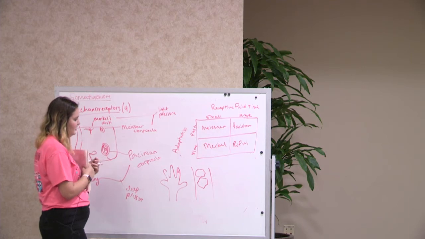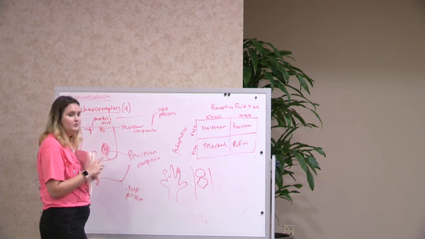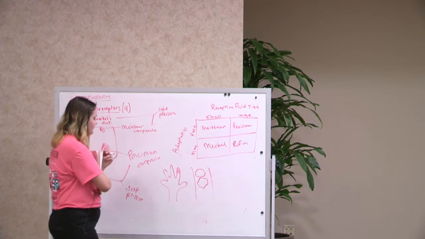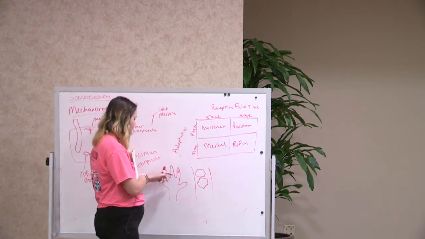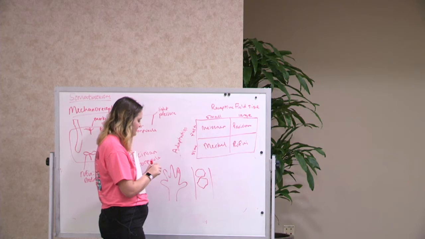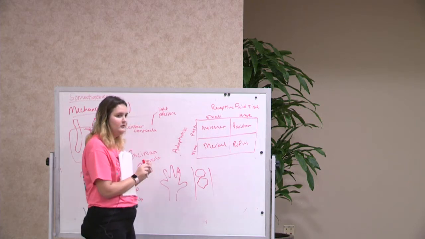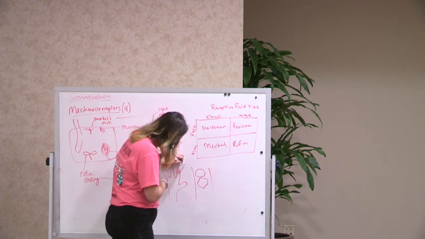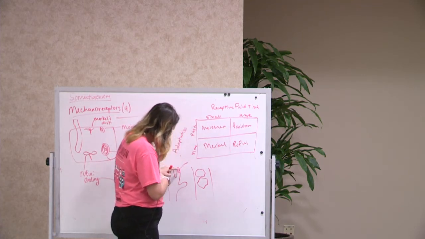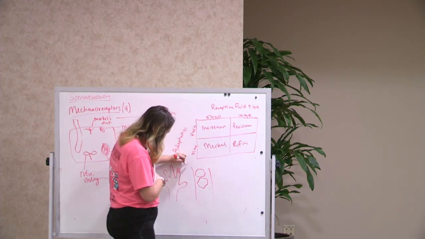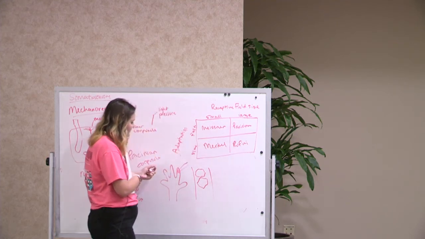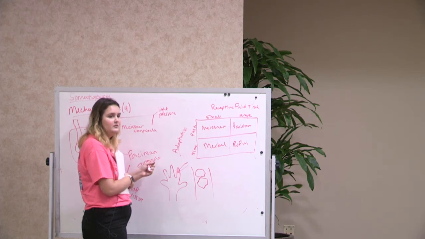On his slides, he talks about the 2-point discrimination test, which basically means if I poke this person's hand with 2 points and ask them, do you feel one thing or two things, there's a good chance, because these are such small receptive fields, that I'm going to hit two different receptor areas, and they're going to tell me that they feel two.